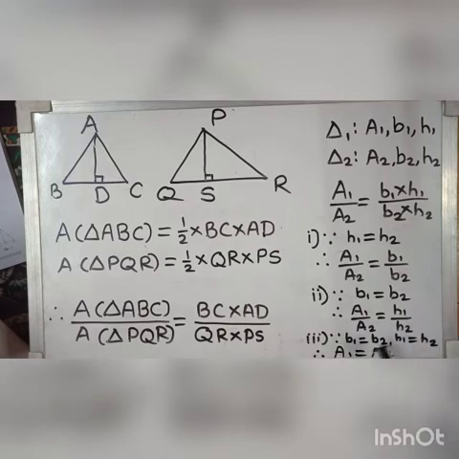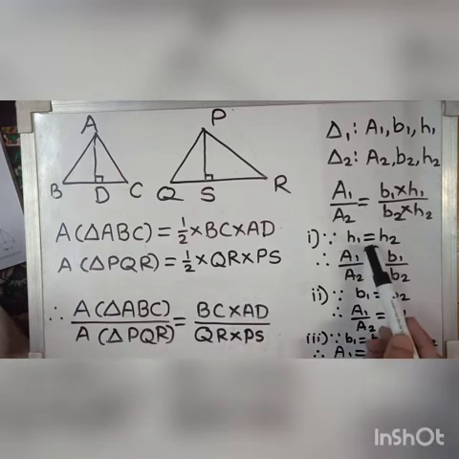If two triangles have equal bases and equal heights, that is the third case, then we get A1 equal to A2. So main theorem, ratio of areas of two triangles is equal to ratio of the product of the corresponding bases and corresponding heights.